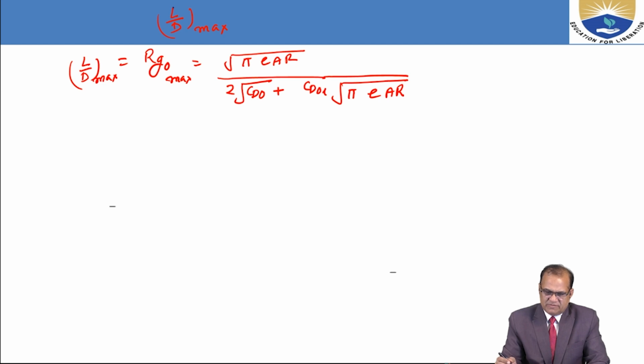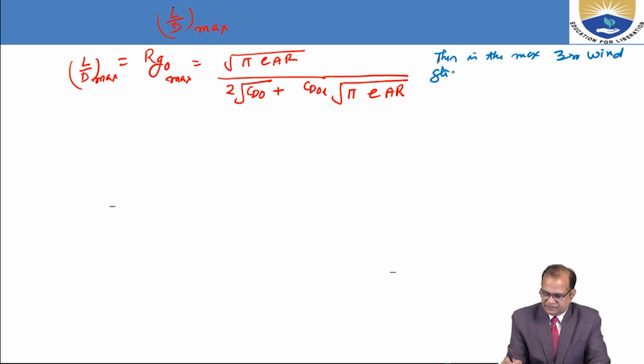So this is the maximum zero wind glide ratio.